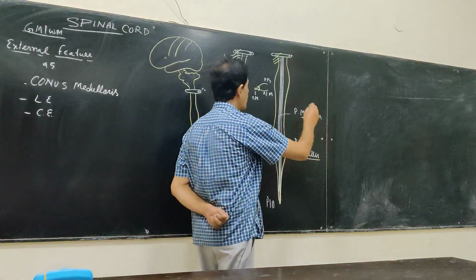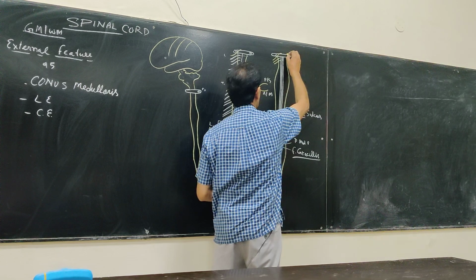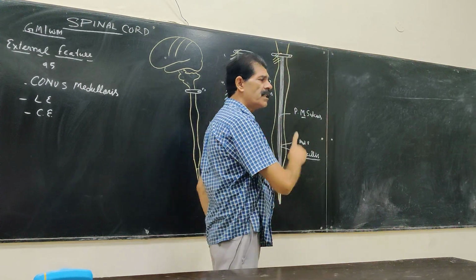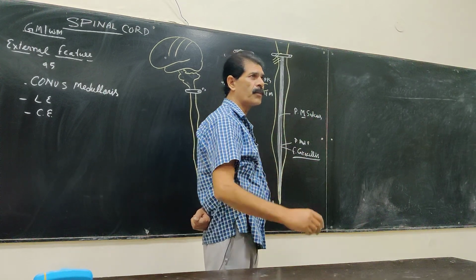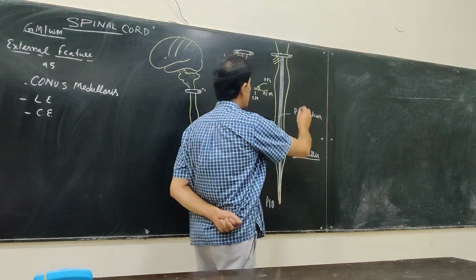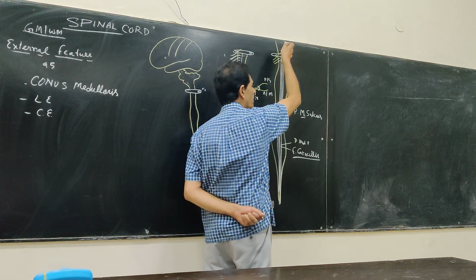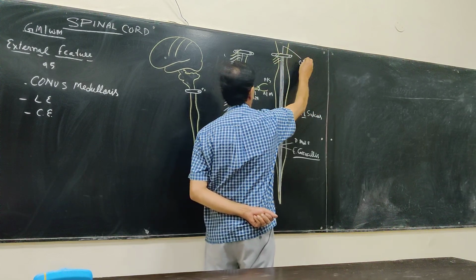Not even the spinal cord only, it is continued on the brain also. We can trace this fasciculus gracilis, that is the elevation on either side of the posterior median sulcus, up to the brain. Which part of the brain? Medulla oblongata, up to the obex.